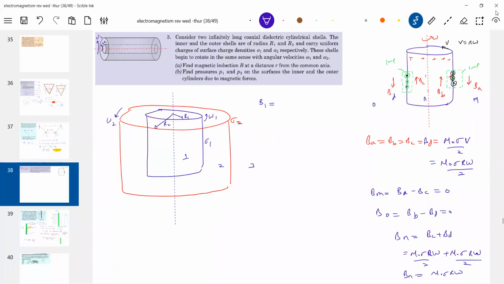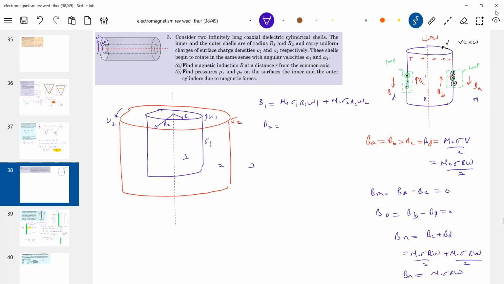Okay, the field at point 1 will be... shall I use 1, 2, 3? No confusion. Or if you want, you can use any other symbols. So field at 1 will be mu naught sigma 1 r1 omega 1. Similarly, field at 2.